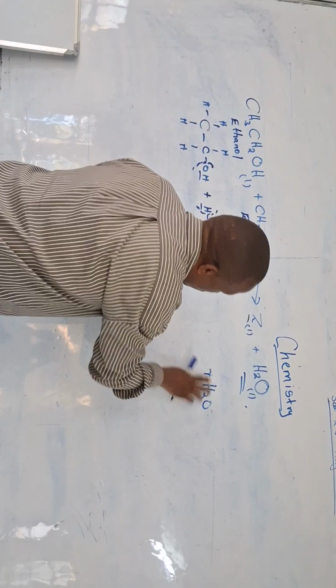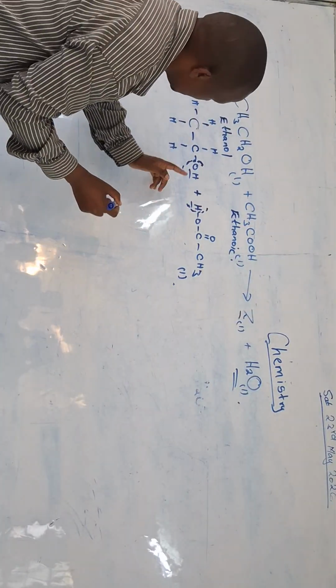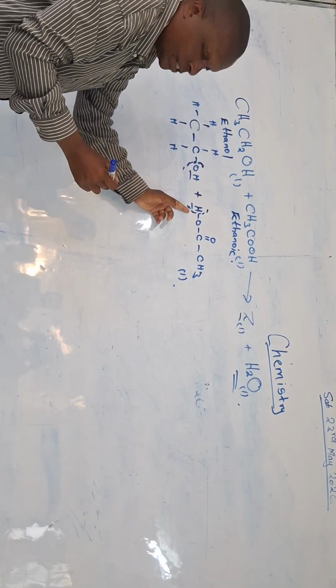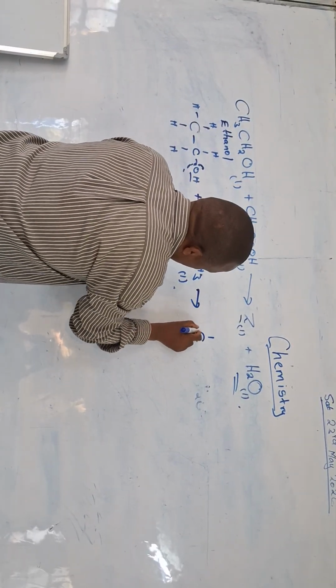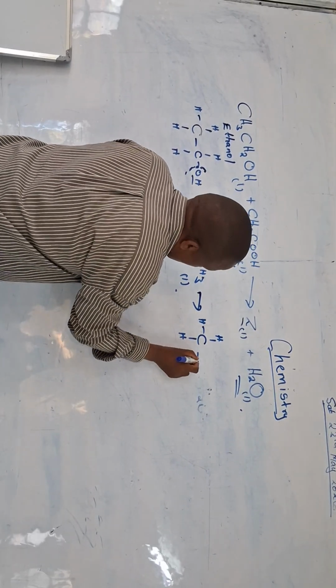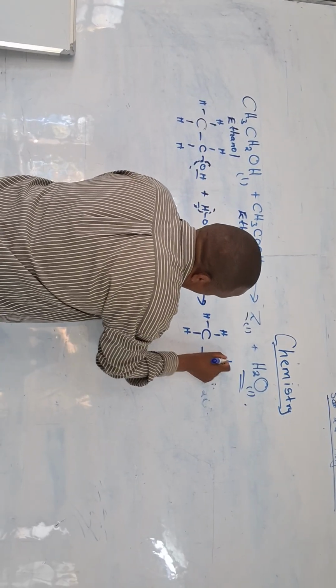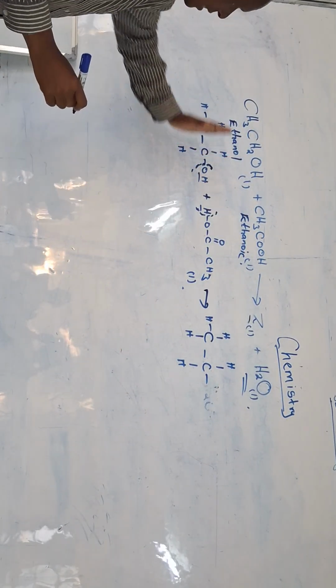We are going to write the whole of this the way it is, but omitting OH and H. That is like this. So we have drawn from here this way.